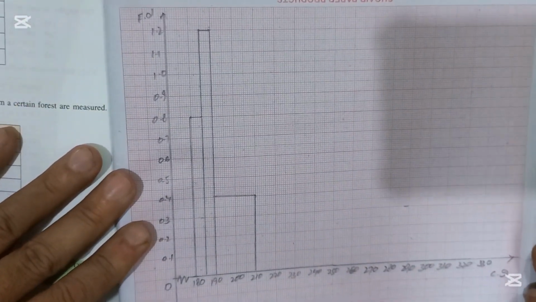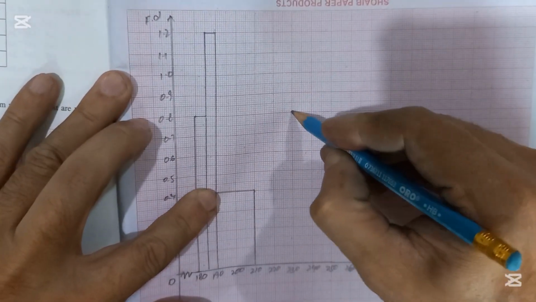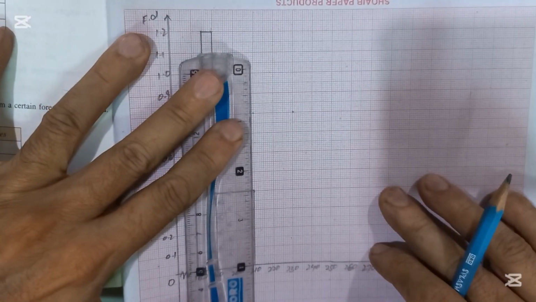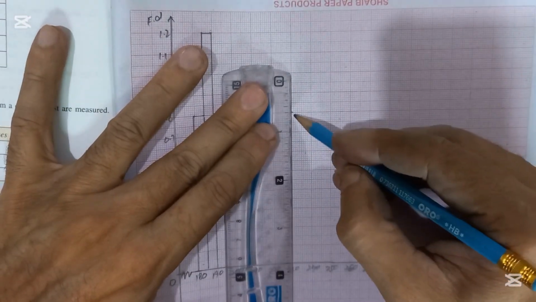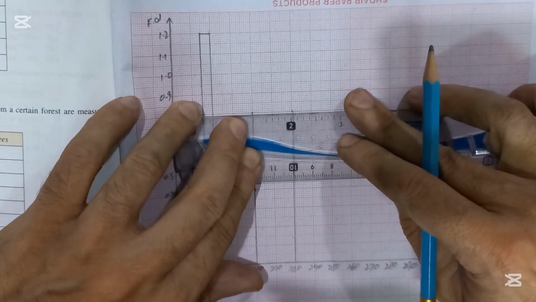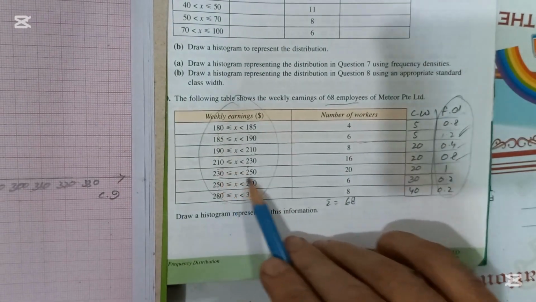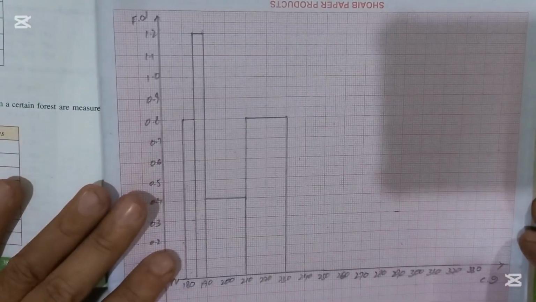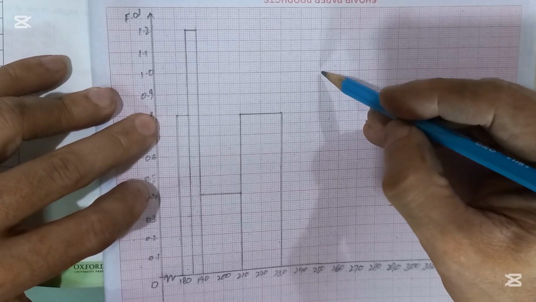Here is 0.8. So the next rectangle is done now. Next is 230 to 250, and the height is 1. So here is 1.